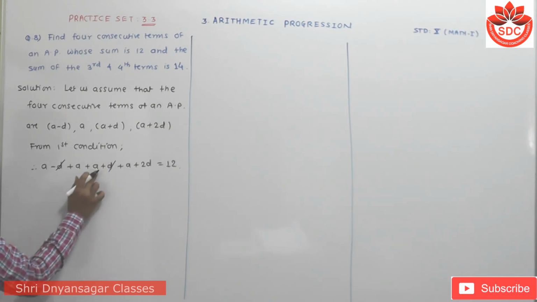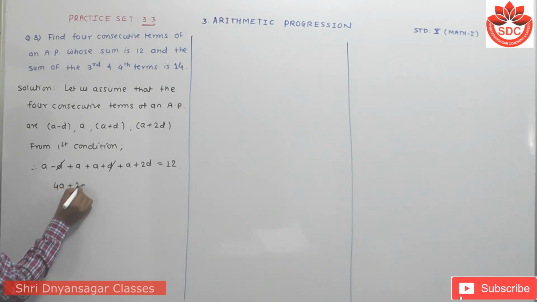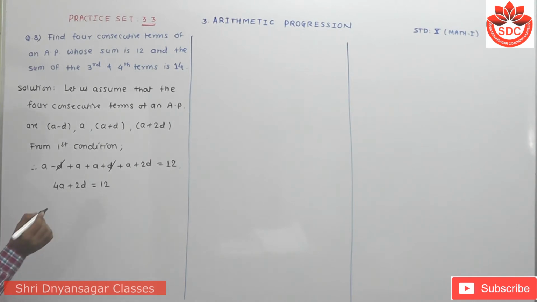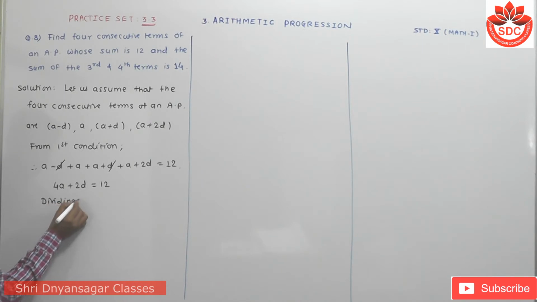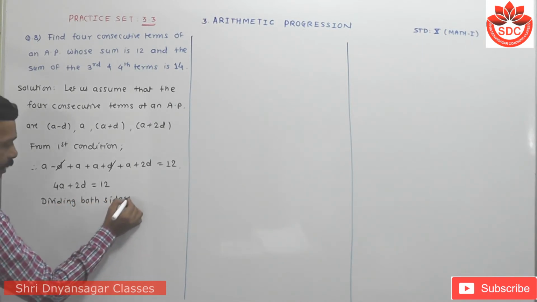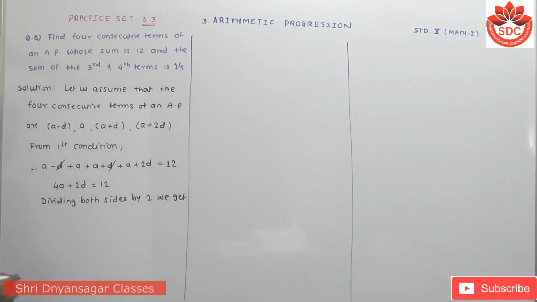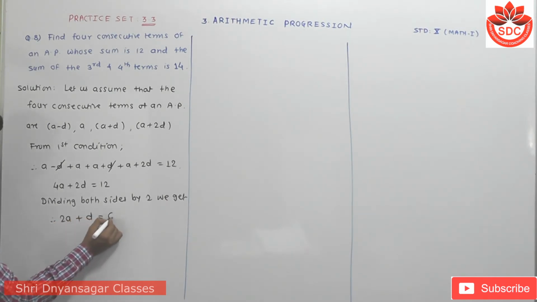Then a plus a becomes 4a plus twice d is equal to 12. Dividing both sides by 2, we get twice a plus d is equal to 6. Let this be equation number first.